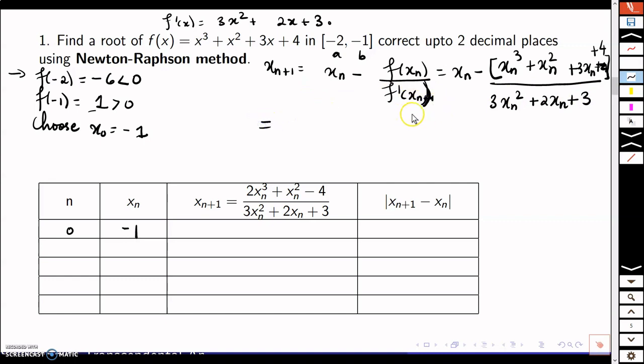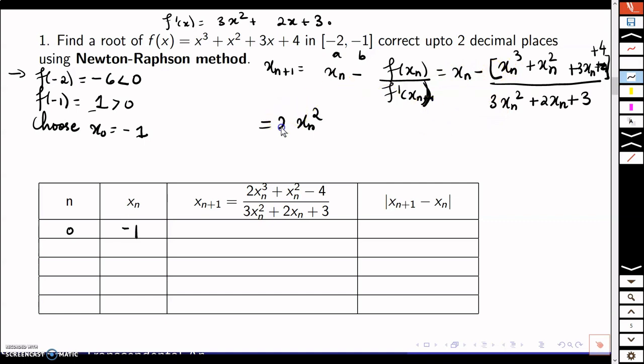And now I can simplify this. You cross multiply here and you simplify the terms in the numerator, and you will see that the first term gives 3xn square into xn, so that will be 3xn cube. 2xn into xn, that will be 2xn square. Now I have to subtract 1 xn cube from here, so this is not 3, this will be 2xn cube, because 3xn cube minus 1 xn cube is there.